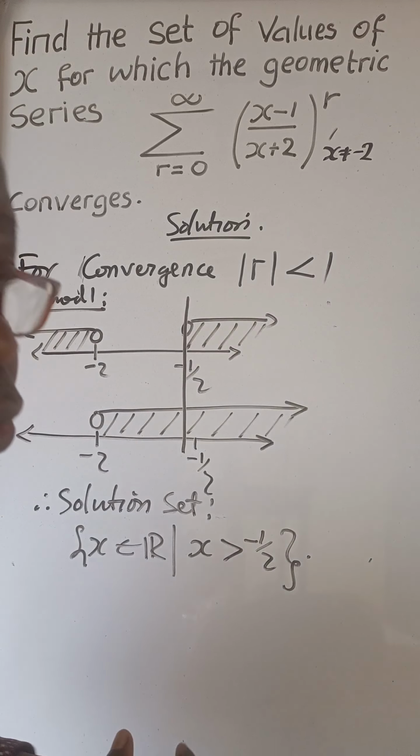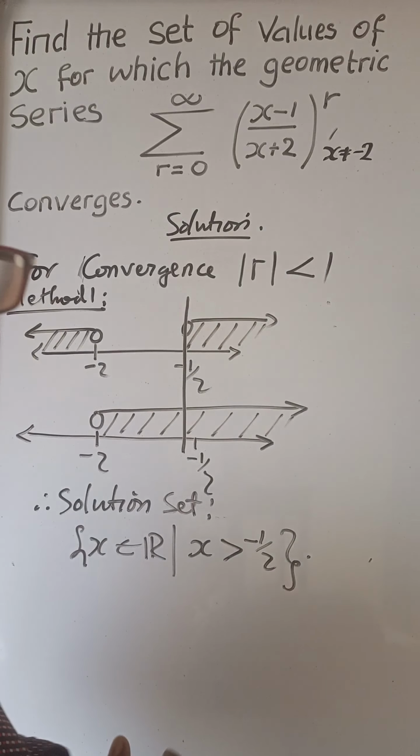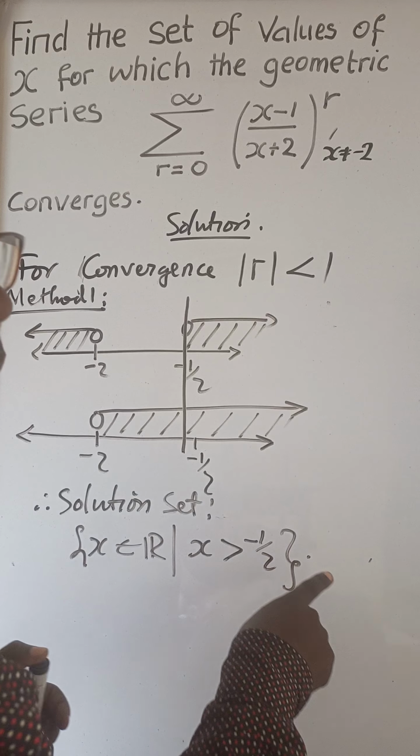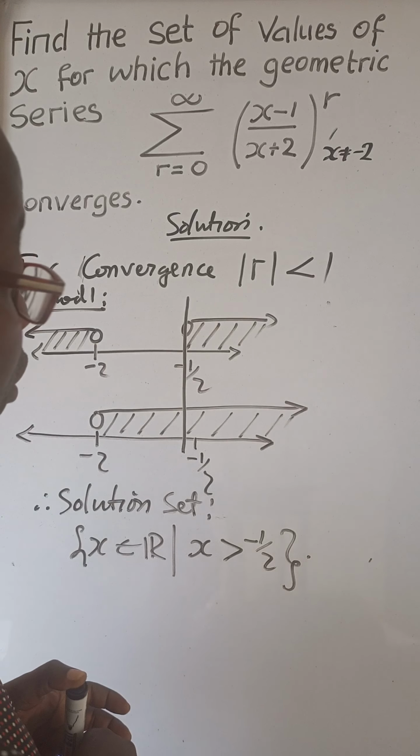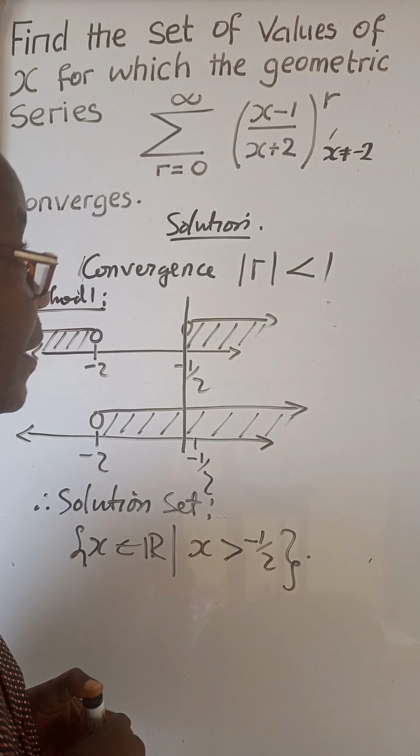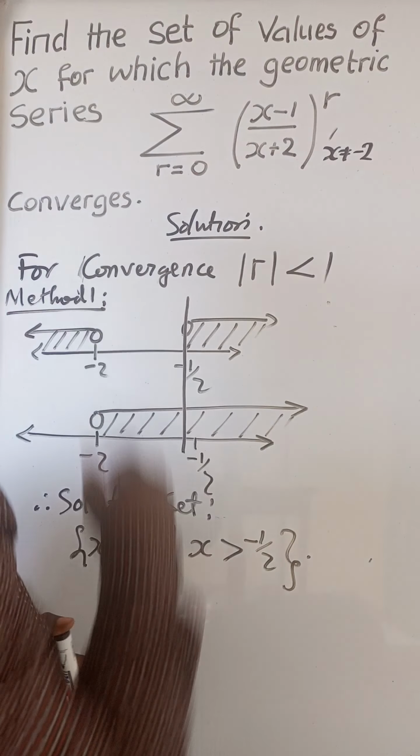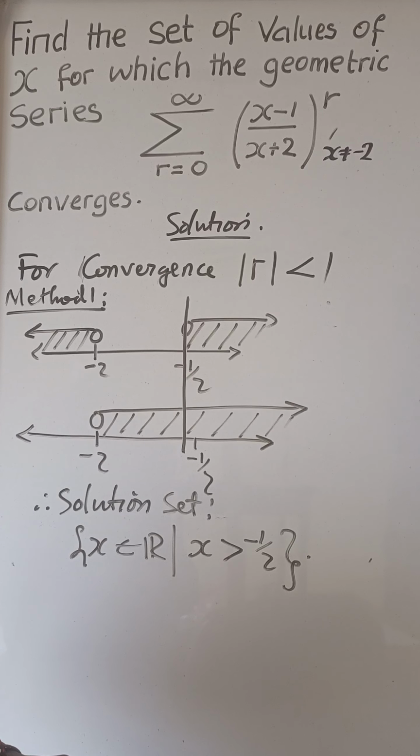So whichever of the two methods we use, we will get the same solution set if only we keep strictly to the rules when solving inequalities. So to answer our question, what are the set of values of x to which the geometric series will converge? Well, all values of x that are to the right of negative half, all values of x greater than negative half, will make this geometric series converge.